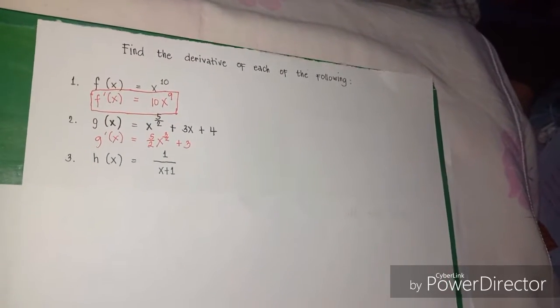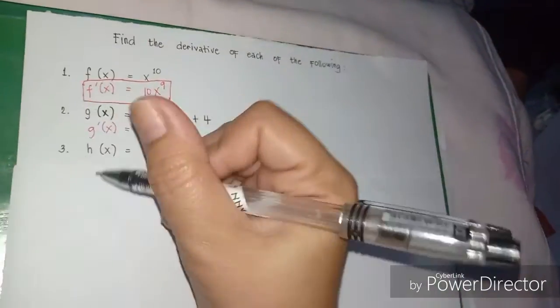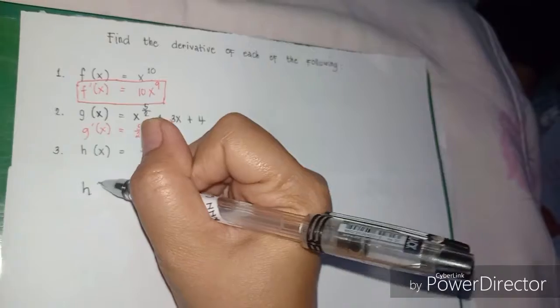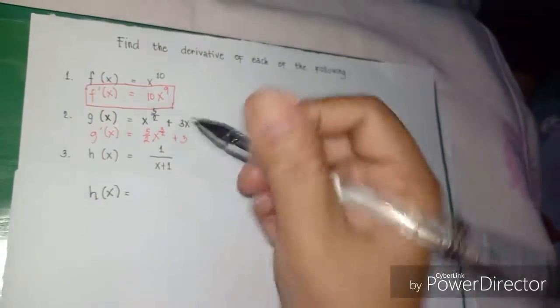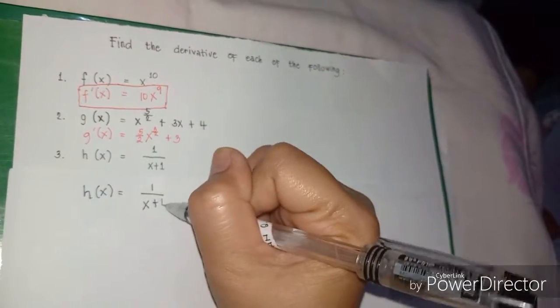So for number 3, again, the given function is h of x is equal to 1 over x plus 1.